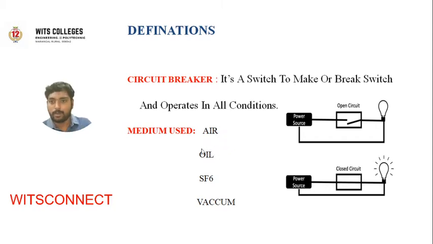If the medium is oil, it is called an oil circuit breaker. If the medium is SF6 sulfur hexafluoride, it is called an SF6 circuit breaker. If the medium is a vacuum, it is called a vacuum circuit breaker.